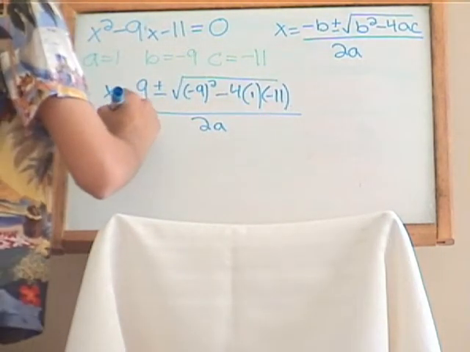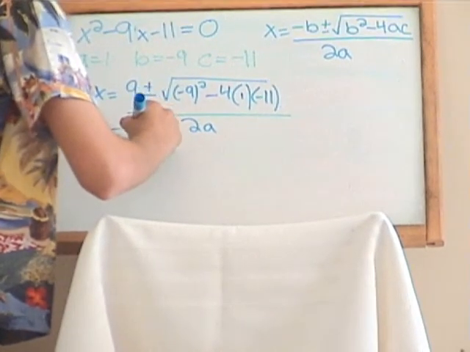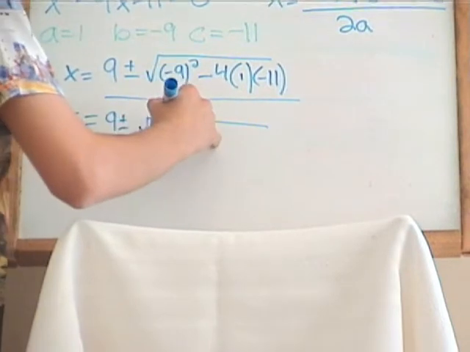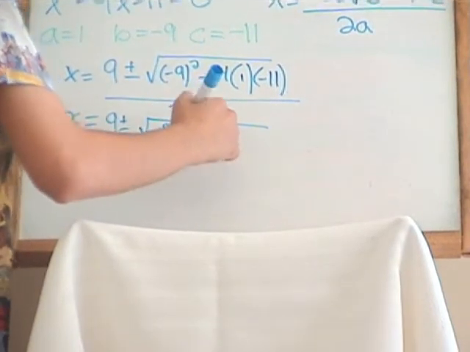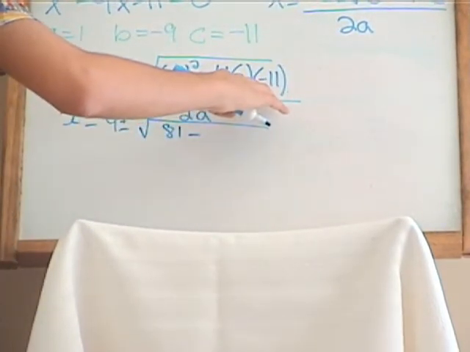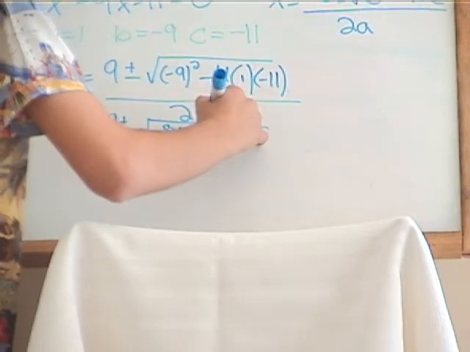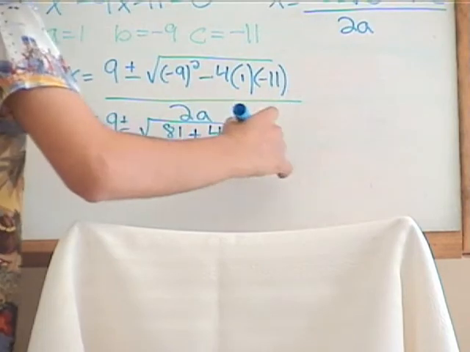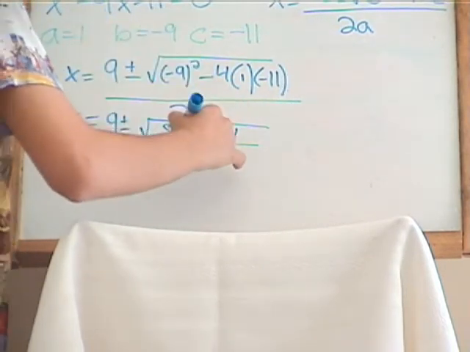Now, x equals 9 plus or minus the square root of 81 minus 4 times 11 is 44. So, and there are 2 negatives, so plus, all over 2 times a, which is 2.